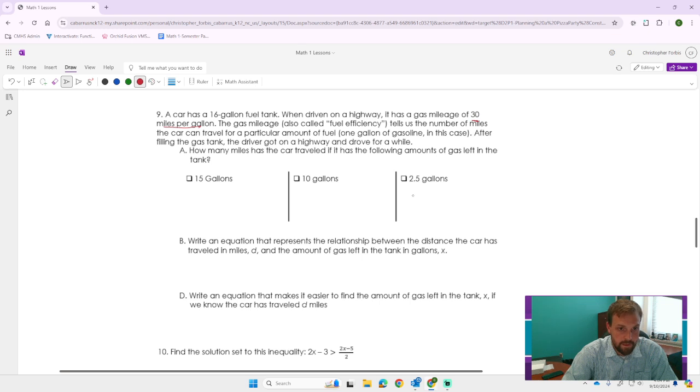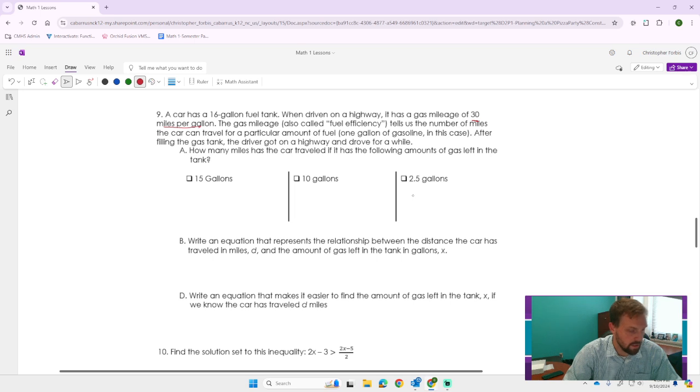The gas mileage, also called fuel efficiency, tells us the number of miles the car can travel for a particular amount of fuel, so 1 gallon of gasoline in this case. After filling the tank, the driver got on a highway and drove for a while. How many miles has the car traveled if it has the following amounts of gas left in the tank?